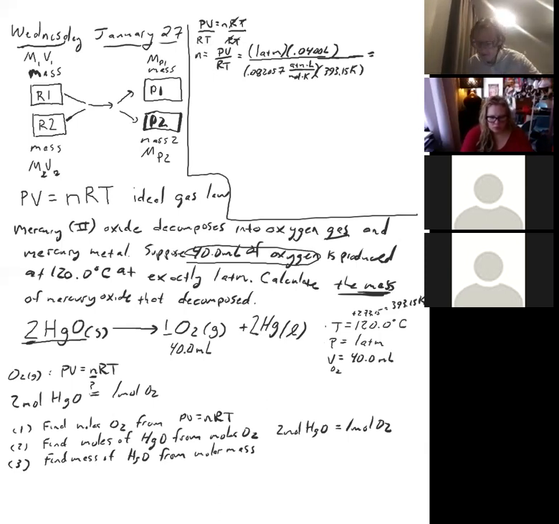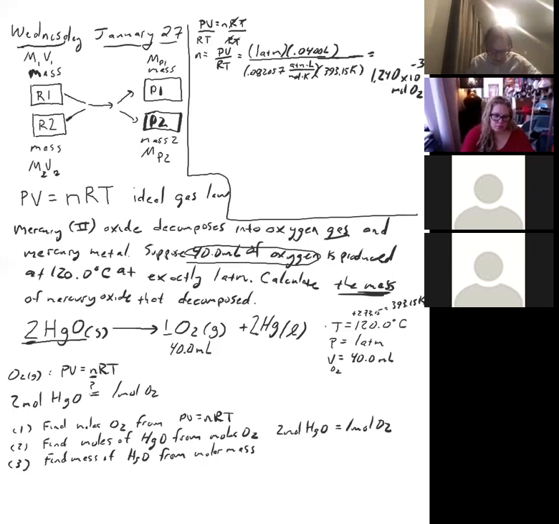It's 1.240 times 10 to the minus 3 moles of O2. Okay, remember it's O2 because we're using the gas law. If you're using the gas law, it's going to be the moles of the gas.